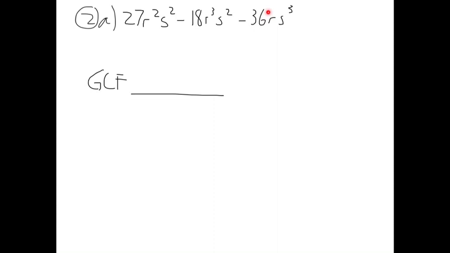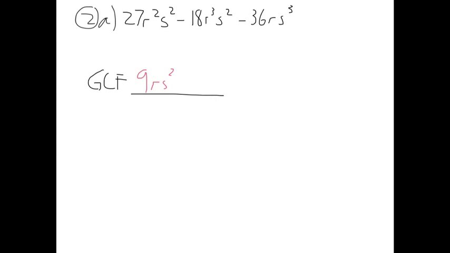So that's the one I want to choose. 9, good. R squared, R cubed, and R. The largest thing I can divide by is R. And then S squared, S squared, S cubed. So my largest factor there is S squared.